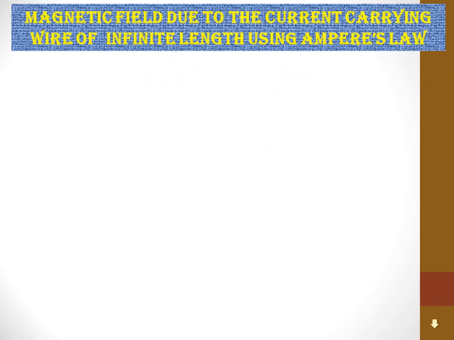Now let's move to another question. Magnetic field due to a current carrying wire of infinite length using Ampere's law. Just now we learned about Ampere's law, and now we are moving to the application of Ampere's circuital law.